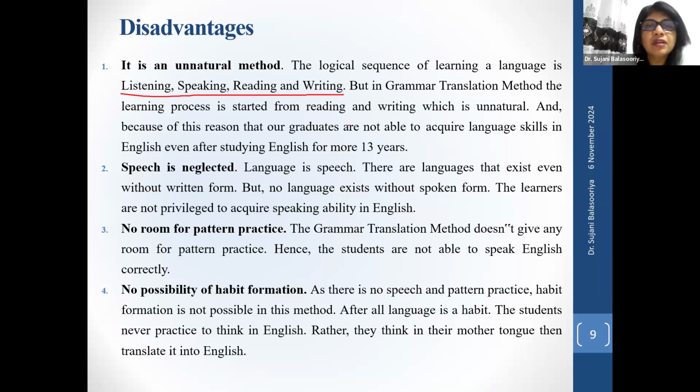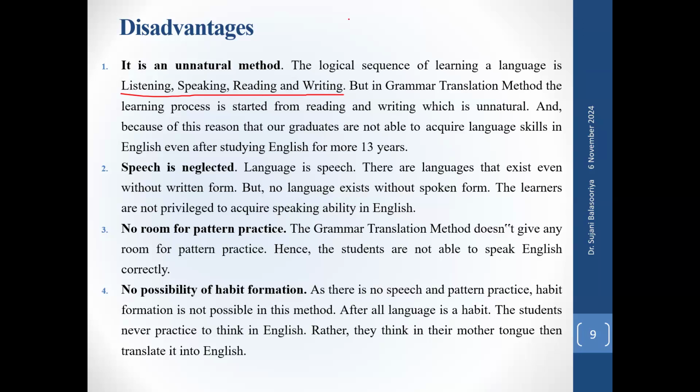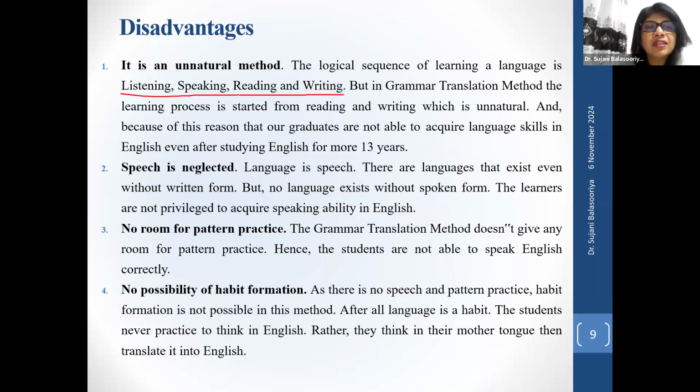Where does grammar actually come? Can you guess where grammar comes here, in this order: listening, speaking, reading, writing? More attention is given in the latter part, reading and writing, because you learn grammar via translation, no?